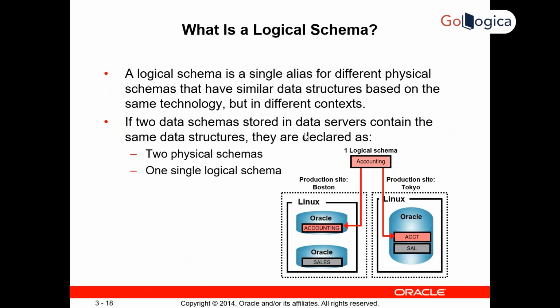Whenever I create a logical schema, it is bound to one context. If I want to bind another context, I need to create another logical schema with the different context for the same physical schema, right?